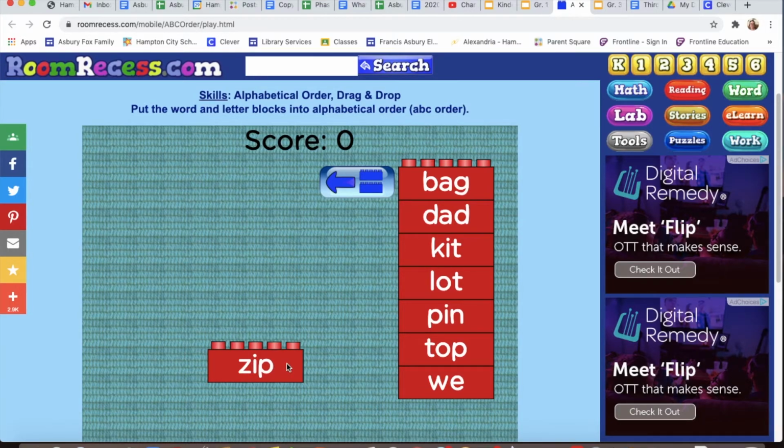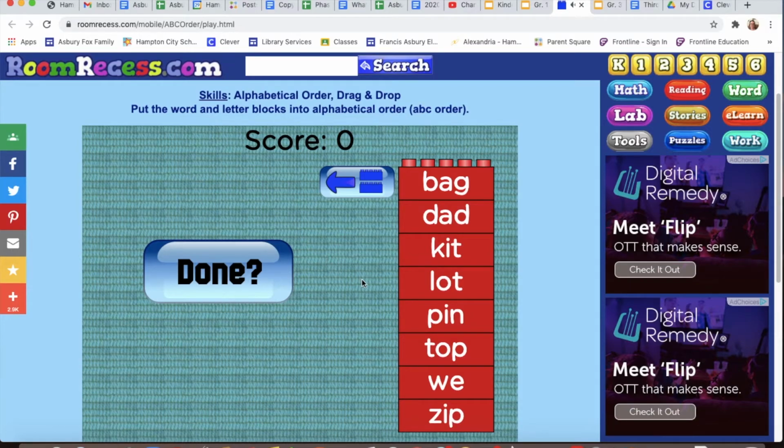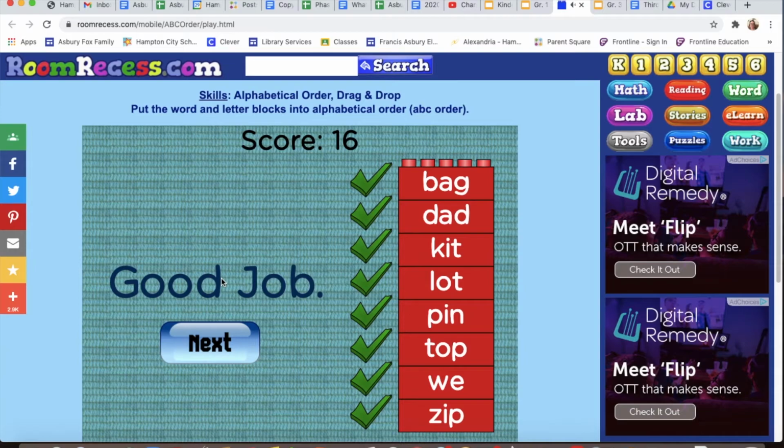So we can be pretty safe to say that zip will be the last word on this list. What do you guys think? Does this list look like it's in order? I think so. I can just imagine seeing your thumbs up. Good job. So I'm going to click on done.